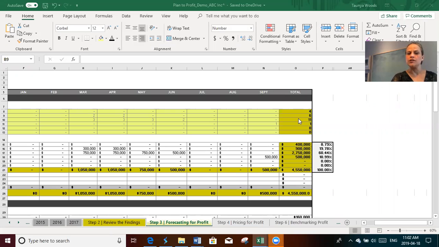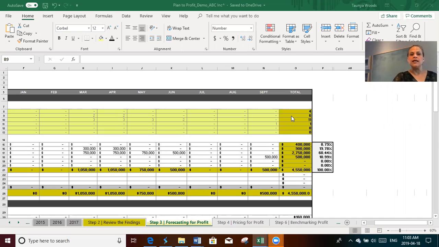If you go to your step 3 tab, forecasting for profit, you will remember they are found up here in the top right-hand corner with respect to total number of units or sessions or services or whatever it may be, clients that are being sold per respective product or service. So that's what these numbers are here.